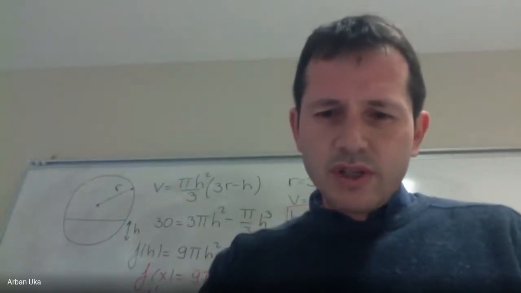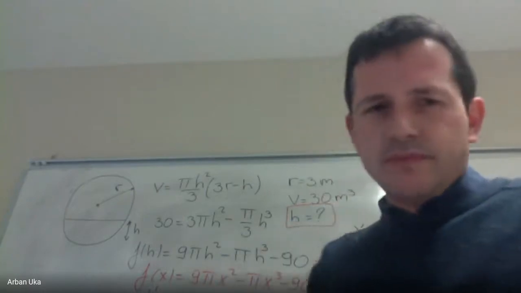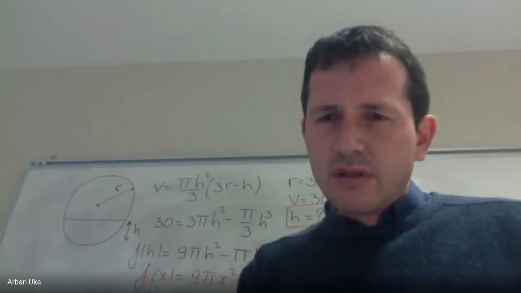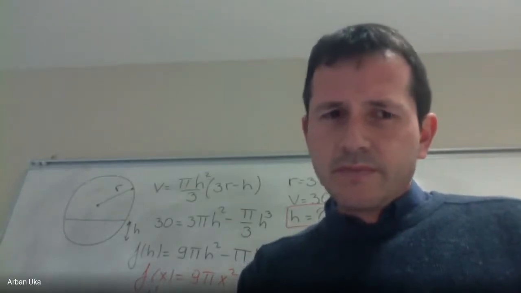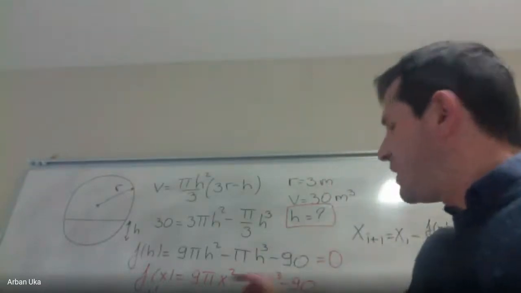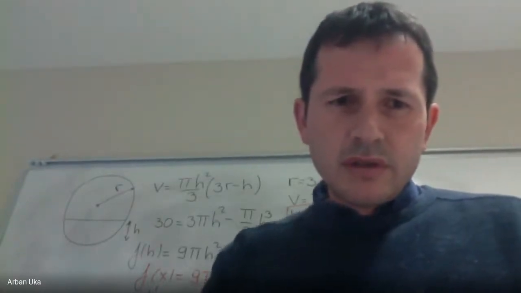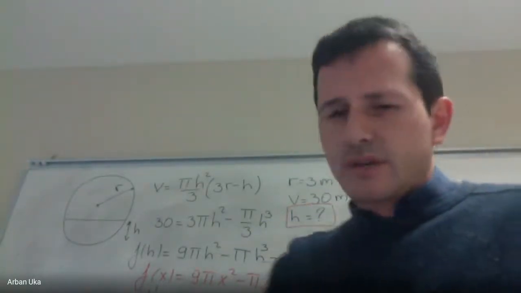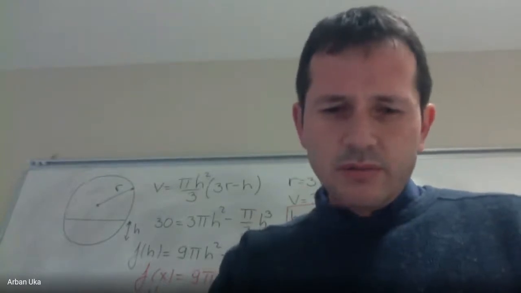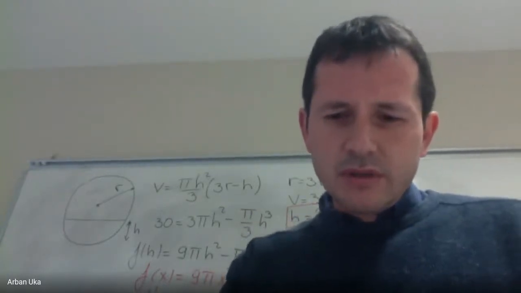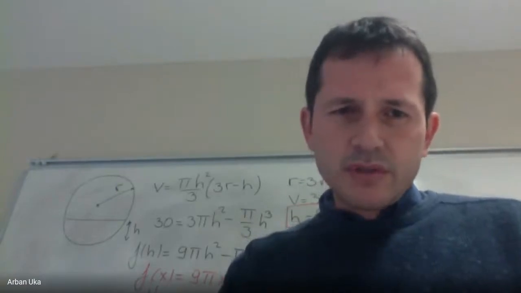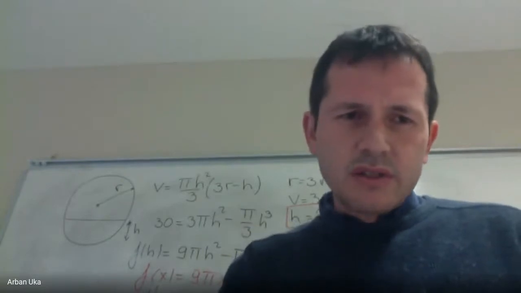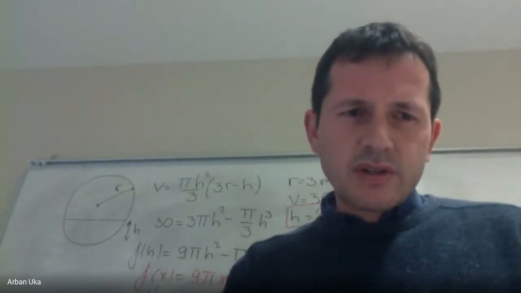Allow me to use this notation, 3.14 times x squared minus pi x cubed, minus 3.14 times x cubed, minus 90. So here we get the minus 90. And we save this one. So that's the function that we need.